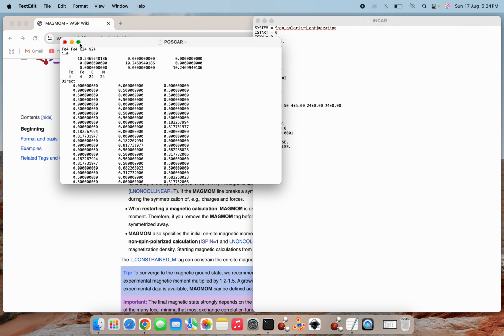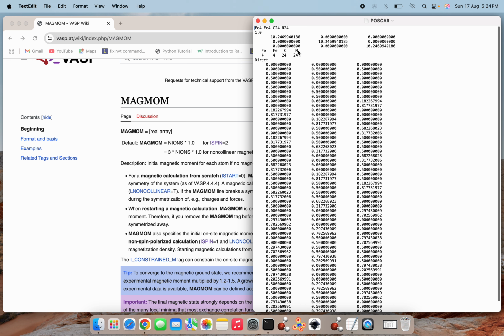You see we have this POSCAR which has Fe, carbon and nitrogen. You can see that we have the same Fe atom, but we have written it differently, like Fe and Fe, so this 4 Fe belongs to one group and this 4 Fe belongs to another group. So according to that we have defined our magnetic moment, which I will tell you later.